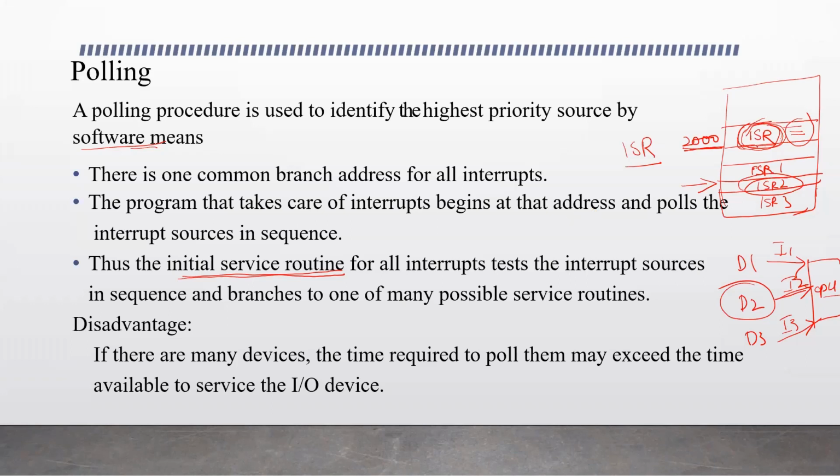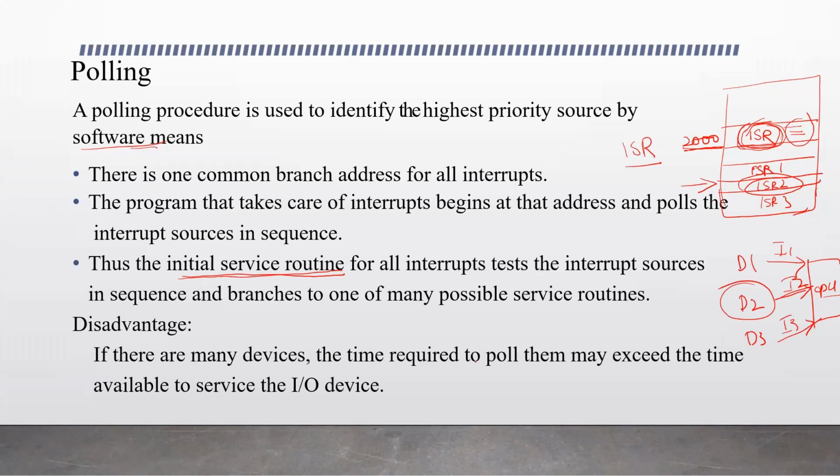Thus, the initial service routine for all interrupts tests the interrupt sources in sequence and branches to one of many possible service routines. Once the testing is done, the device that has to be served first is identified. By polling it is identified, and then that is served.